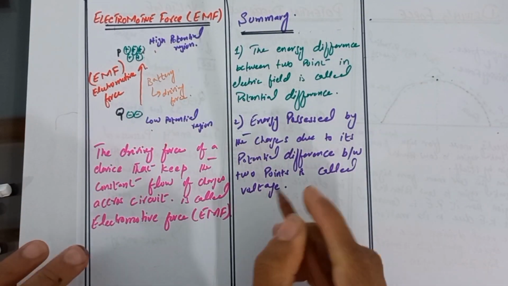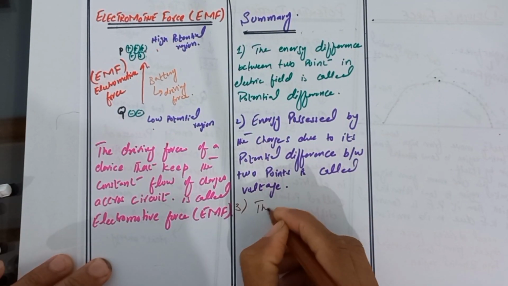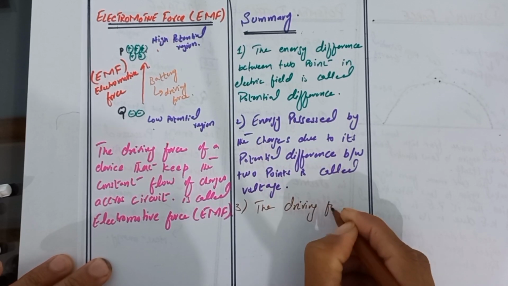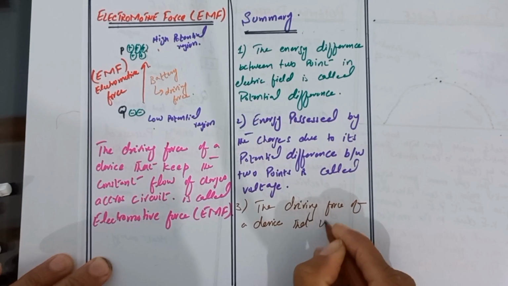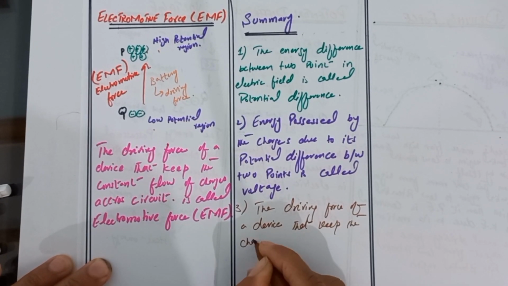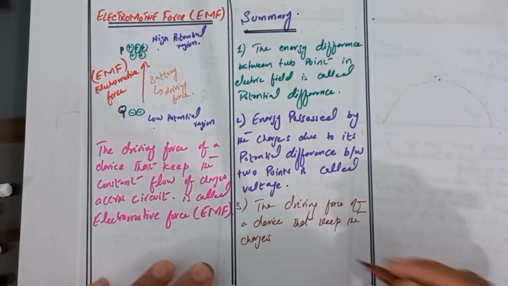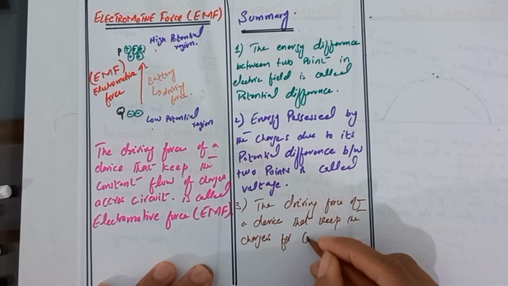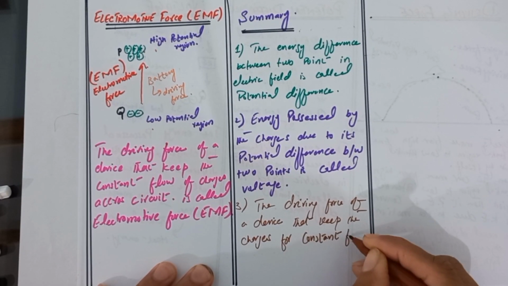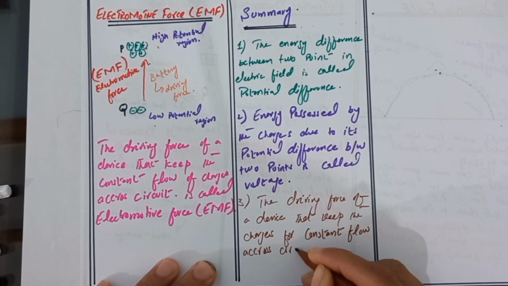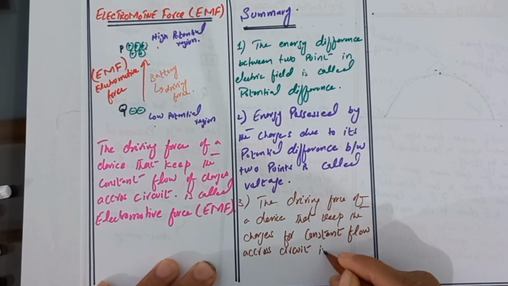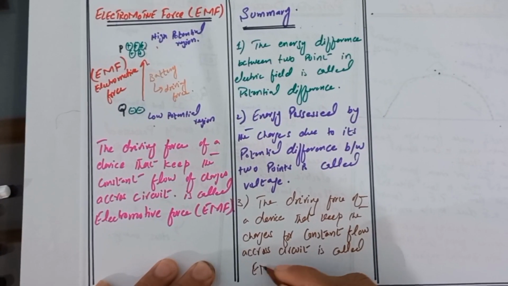The third point that we learned is that the driving force of a device that keeps the charges in constant flow across the circuit is called EMF.